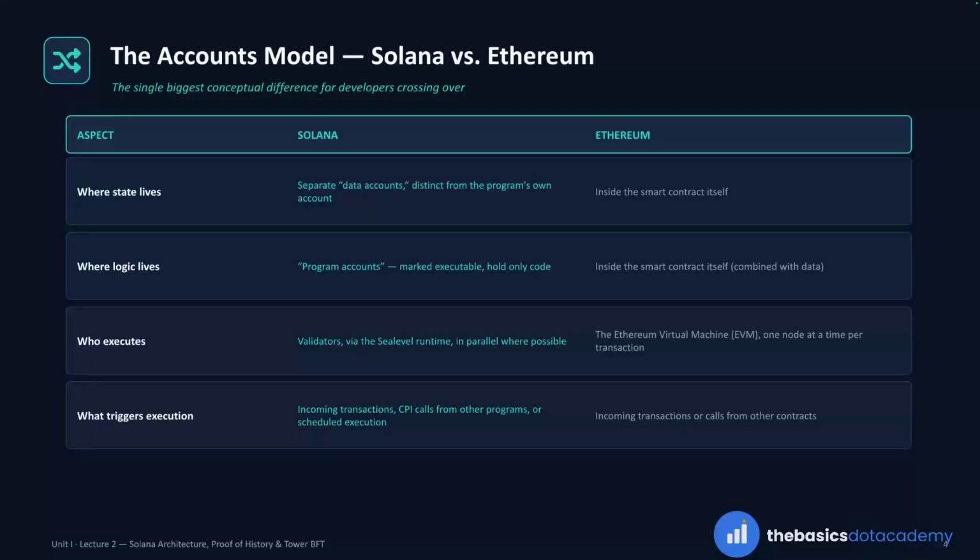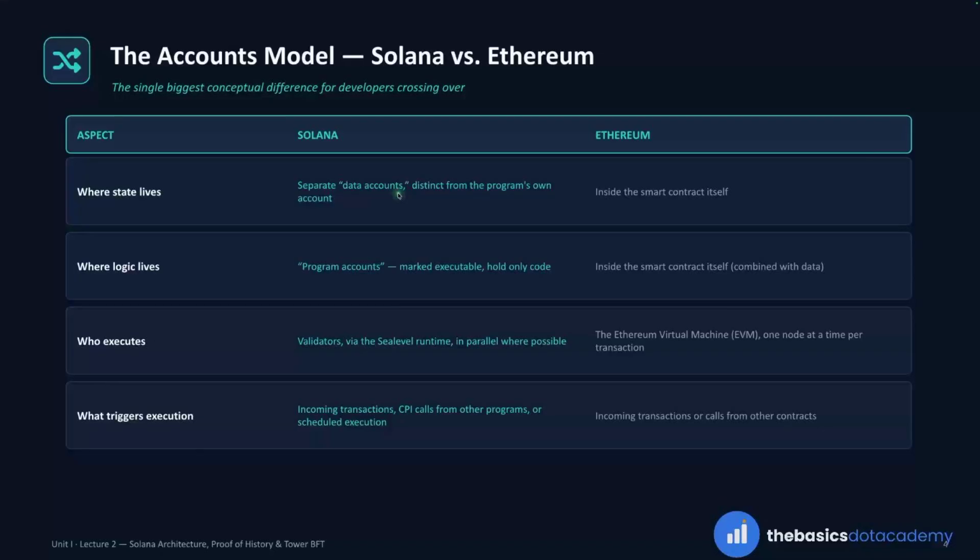Let us now compare the accounts model of Solana versus Ethereum. This is the single biggest conceptual difference for developers who are coming from the Ethereum background. We are going to look at different aspects and then we will compare how those aspects map with Solana and with Ethereum. So first, let us start with where the state lives.